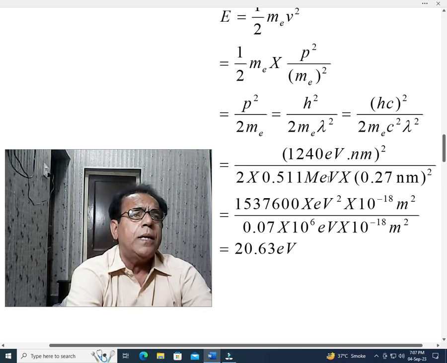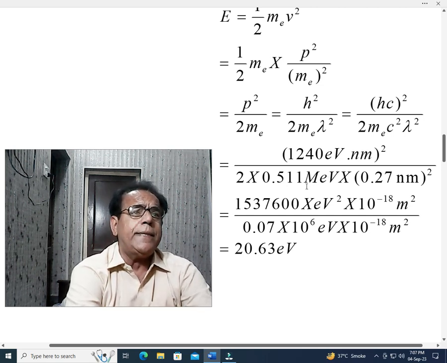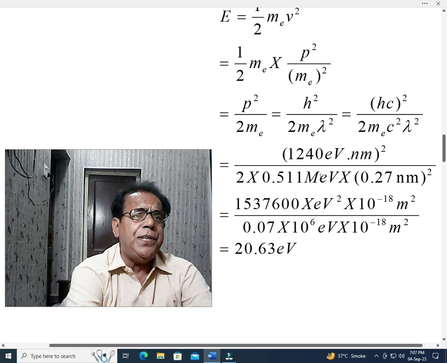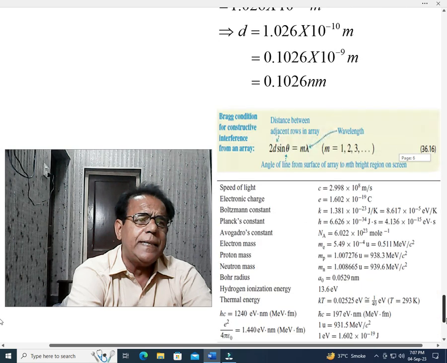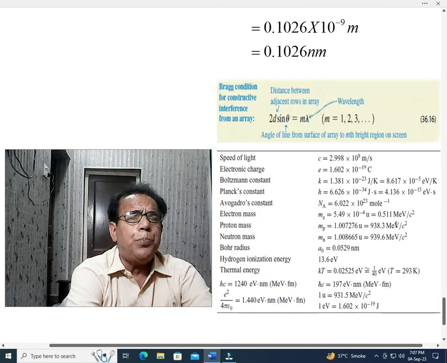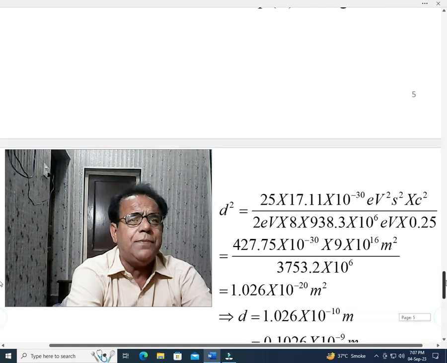Actually, dear students, this value is MeV over c square, and hence c square will be cancelled with the c square.